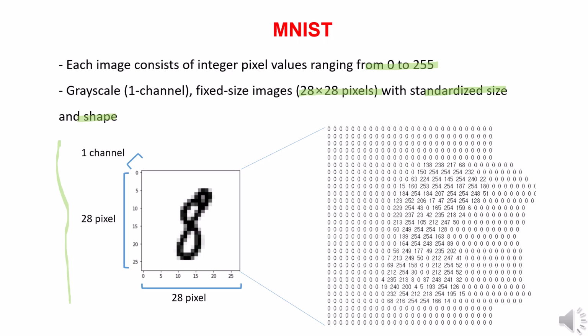While color images typically have 3 channels, RGB, that is red, green, and blue, MNIST images are grayscale, so they only have a single channel. If you look at the example below, you can see that the handwritten digit 8 is represented by a grid of numbers between 0 and 255, arranged in 28 rows and 28 columns.